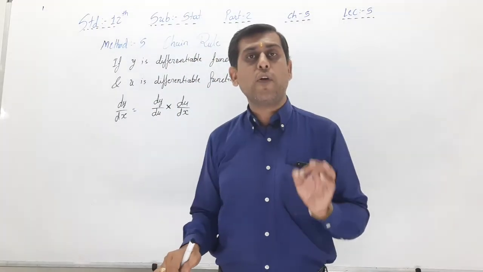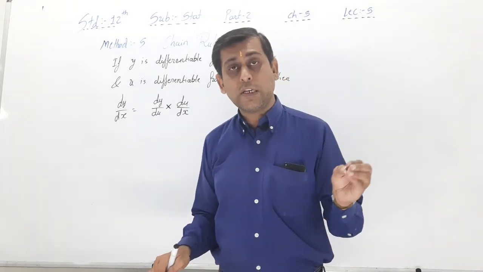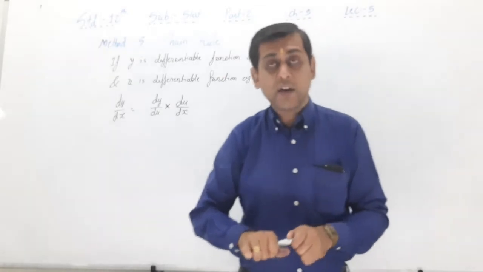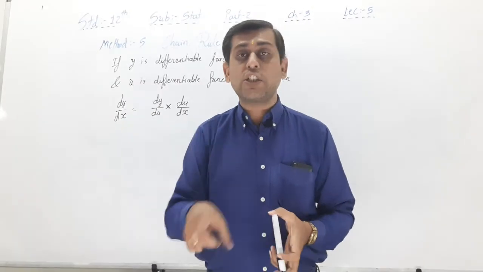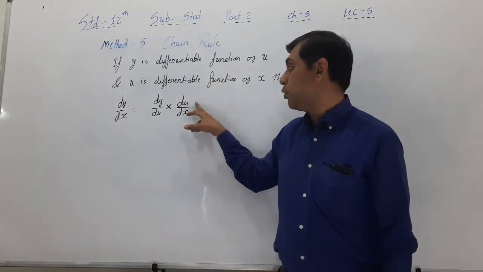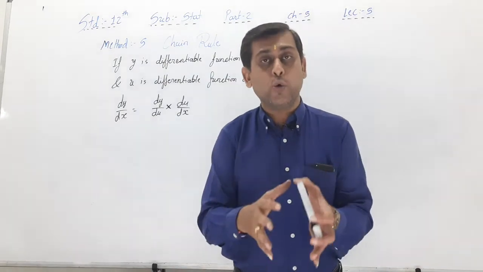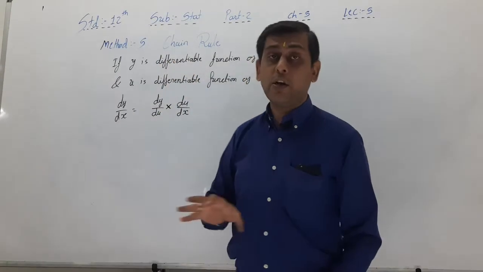First of all, we have to find the differentiation of y with respect to u, and then we have to find the differentiation of u with respect to x, then multiply the two, and that is your chain rule.